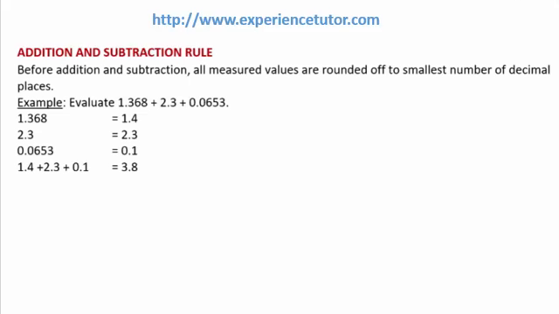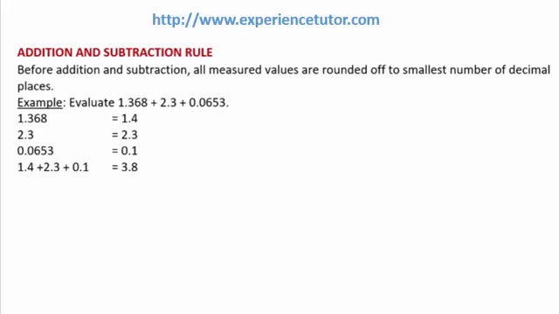Addition and subtraction rule. Before adding and subtracting, all measured values are rounded off to the smallest number of decimal places. Example: evaluate 1.368 plus 2.3 plus 0.0653.